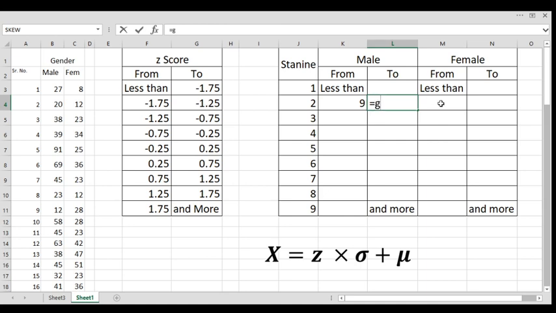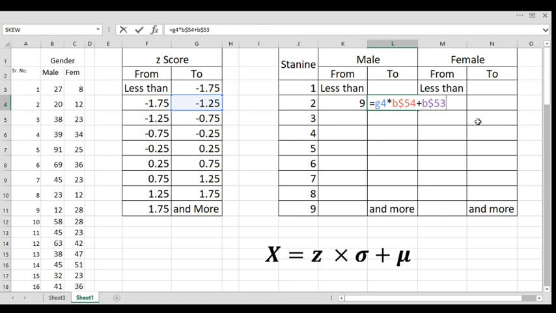So we write G4, then multiply it by the standard deviation of male, which is found in B54, and for multiplication we write an asterisk sign, then $54 because we have to freeze this address B54, then plus the mu, meaning the mean of male, which is found in B53, and we freeze that address, so we write $53.